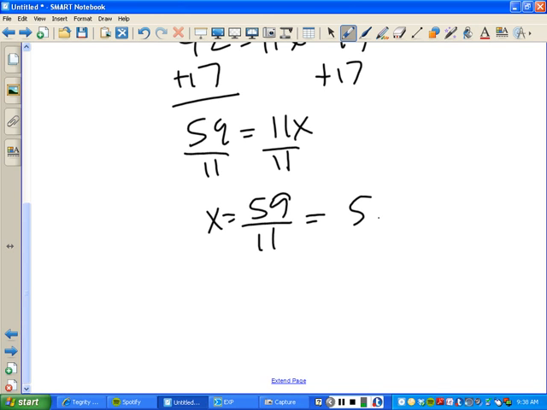What is that? 5.36364, approximately. If you take 11 and divide it into 59, I'm approximating it to be 5.36364.